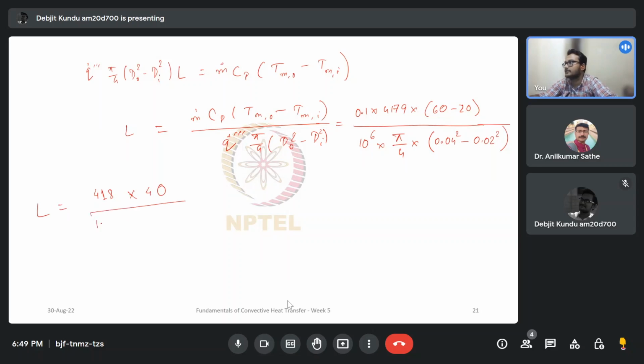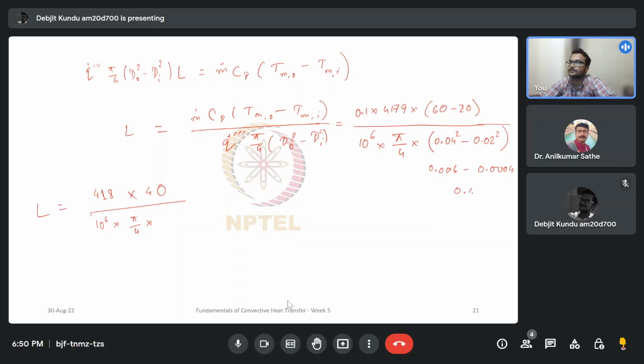Divided by 10 raised to the power 6 into pi by 4 into this thing. So 0.04 square is 0.0016 minus 0.0004.